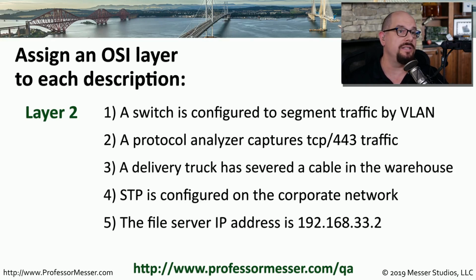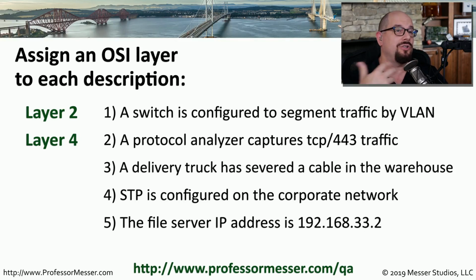The second one is a protocol analyzer captures TCP 443 traffic. Now, I could accept 2 different answers here. The one I was really looking for is layer 4. TCP 443 should jog your memory. If you're seeing UDP protocol or TCP protocol, and you're seeing those port numbers there, then you should immediately be thinking that's layer 4 associated with the OSI model.